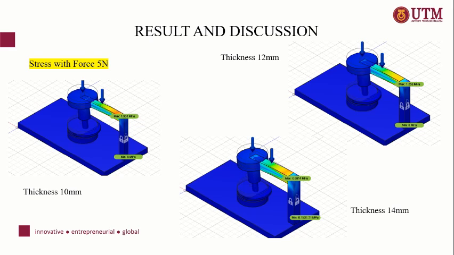The first figure is the maximum stress produced with the thickness of 10 millimeter, and the second picture is on the thickness of 12 millimeter, where the maximum stress is 1.258 megapascal, and the last one is the lowest maximum stress, which is 0.6814 megapascal, because the thickness is quite high compared to the other two, which are 10 millimeter and 12 millimeters.